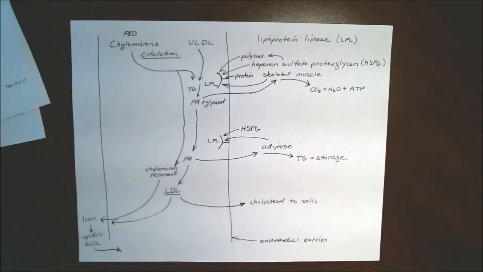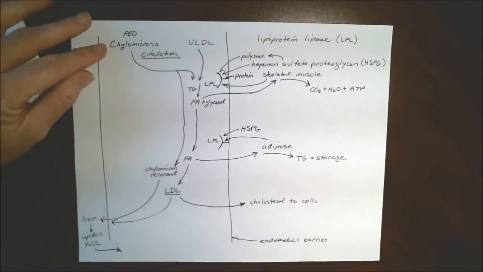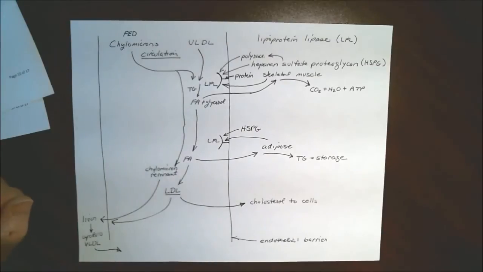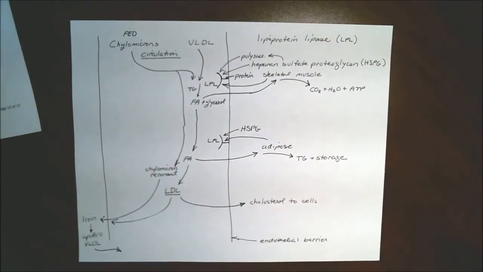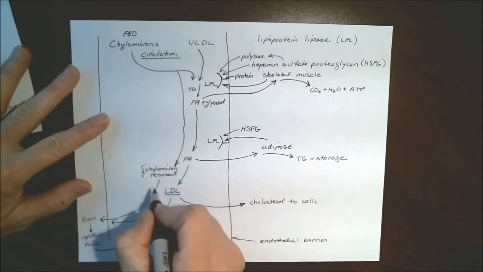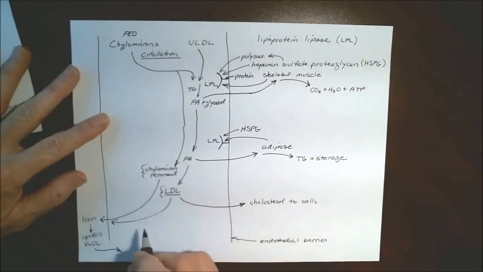So this is the path of delivery of fatty acids and cholesterol to peripheral tissues after we formed our delivery vehicles, chylomicrons and VLDL. And the next step we have to talk about is the lipoprotein uptake by cells. What is the exact mechanism by which our chylomicron remnants and our LDL are being taken up?